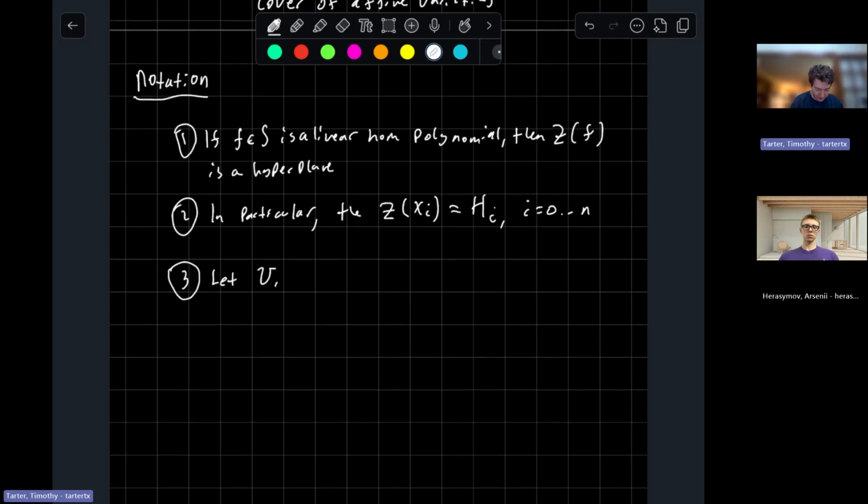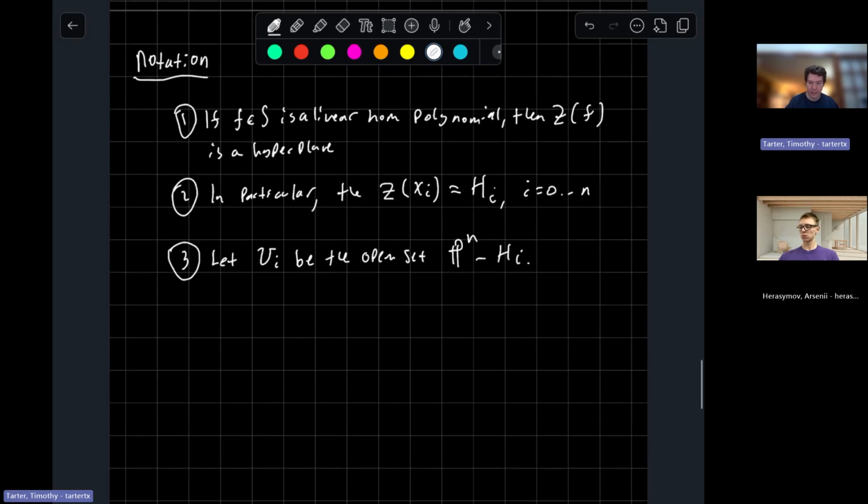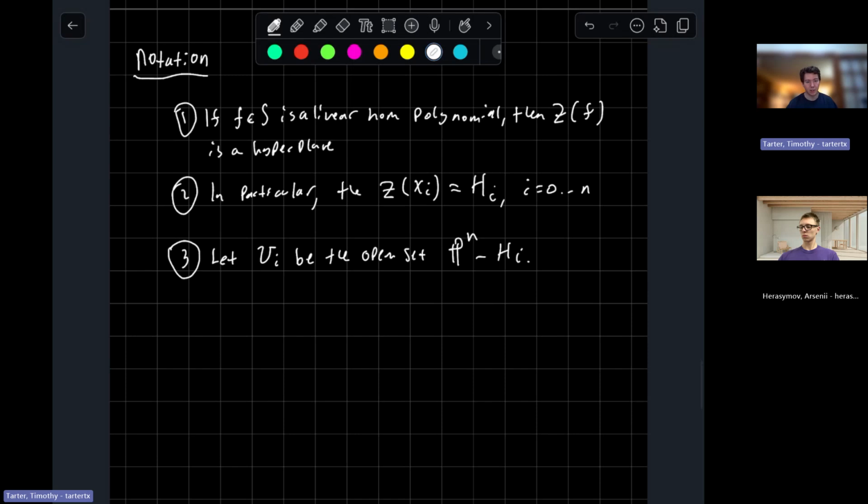And then let U_i be the open set, which is P^n minus H_i. So again, this is pretty clearly the definition of an open set.